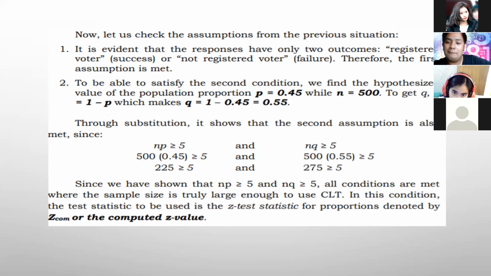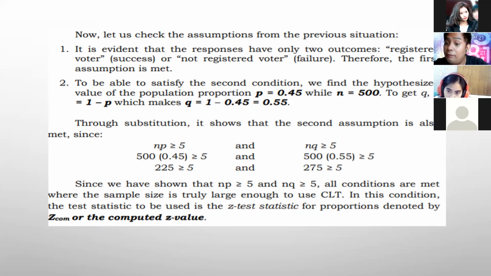Tama. Pero yung ating bang failure ay pasok din? Kung ang ating population proportion is 0.45, alam na agad natin yung failure o hindi natin tinanong. Tandaan, yung hindi natin tinanong, which is the 55%, so that will be 0.55 times 500, that will be 275.